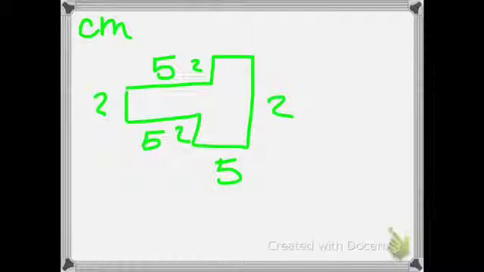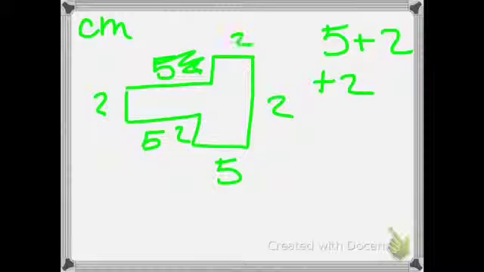So I'm going to add up my 5 plus 2. So I got these 2, plus 2. Sorry, I forgot that. And I messed up. Sorry, I made a mistake right over here. Instead of this 5, this should be a 2. And that should be a 5.